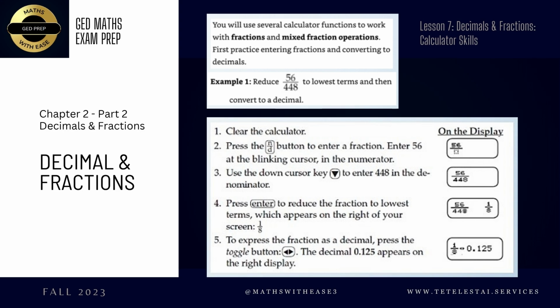So you want to first start by practicing how to enter fractions and converting them to decimals. In this example, we're being asked to reduce 56 over 448 to its lowest terms, and then convert it to a decimal. So the first thing you want to do is clear your calculator.